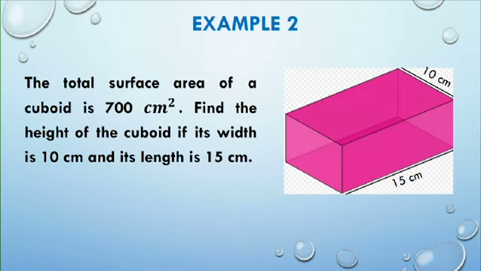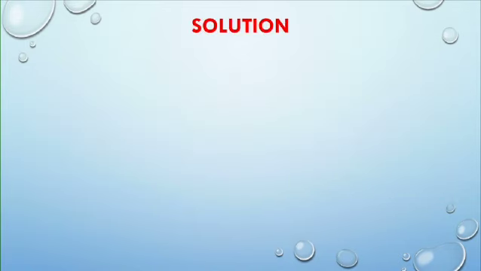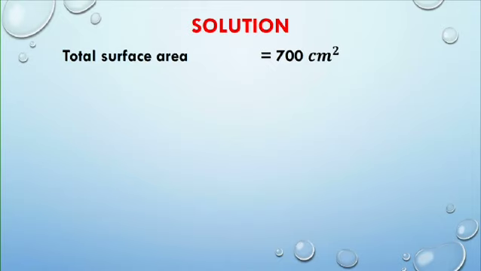Example 2. The total surface area of a cuboid is 700 centimeters square. Find the height of the cuboid if its width is 10 centimeters and its length is 15 centimeters. We have a look at the solution. So we have already been given that the total surface area is 700 centimeters square.